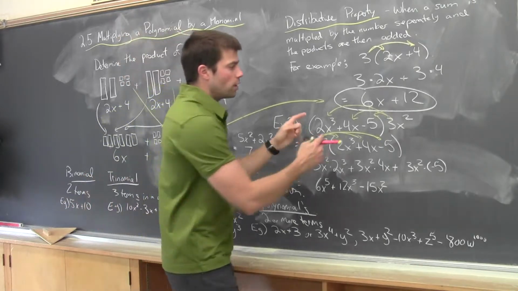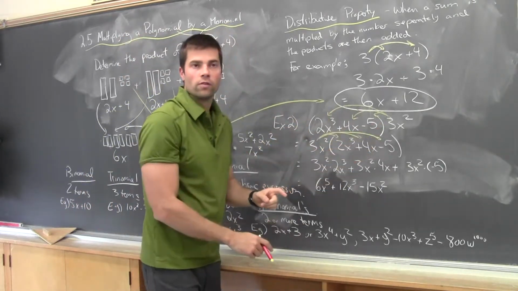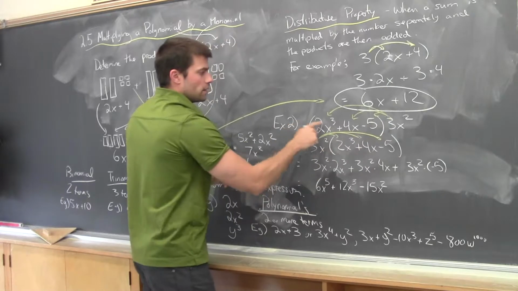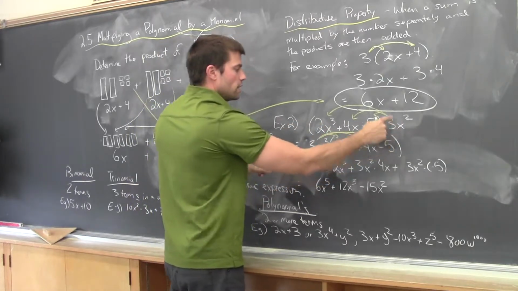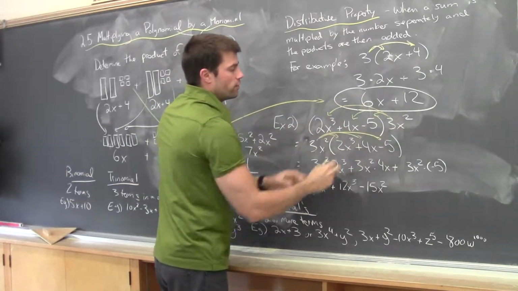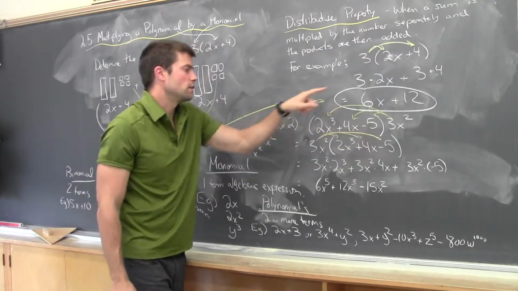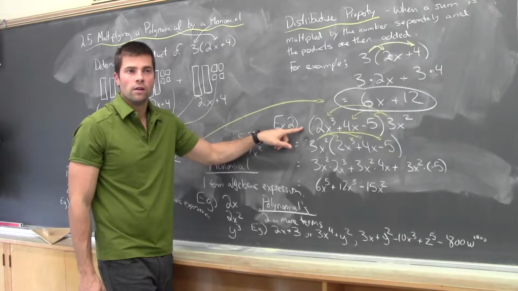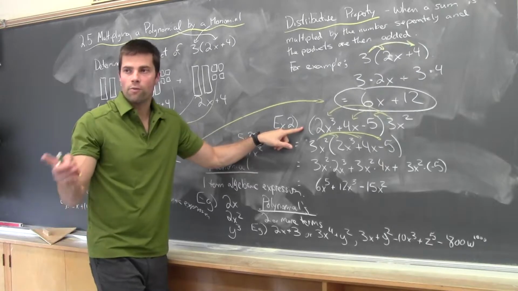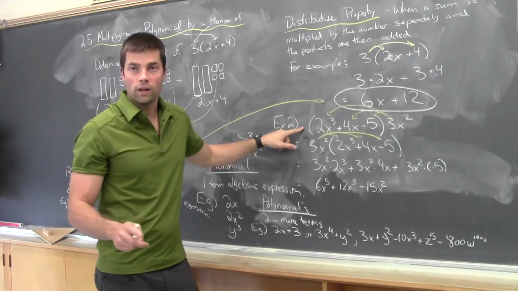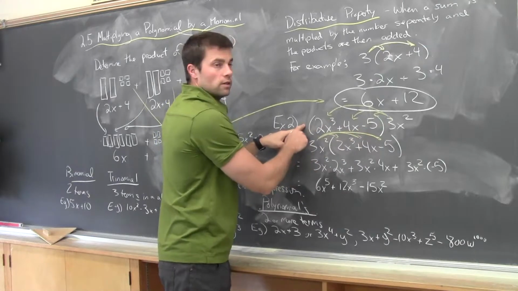Right? So when we're multiplying, it doesn't matter the order. So I can do 3x times this, or I can do this times 3x. It just makes more sense in my mind to multiply this direction. So that's why I've taken that 3x and I moved it over here. Notice I didn't change any signs. I didn't jump over an equal sign. I didn't do anything. I just moved it from there to there.